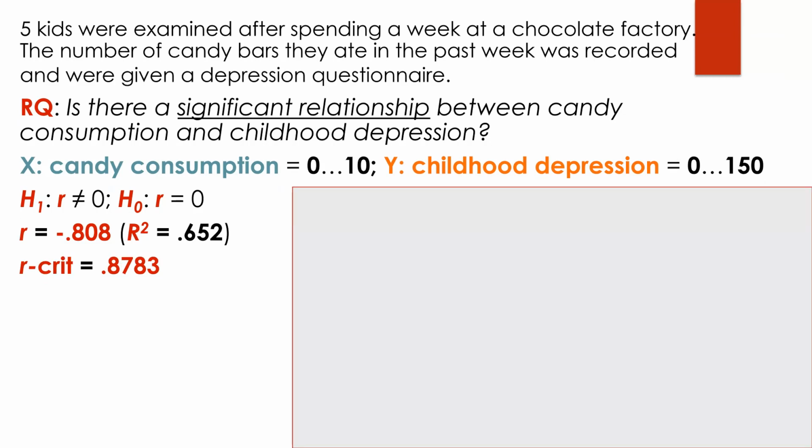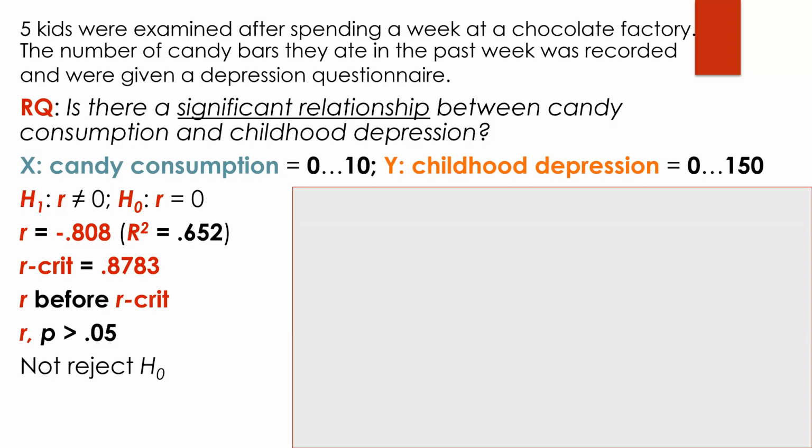So because it does not go past it, it is before the crit score, we know that it has a probability greater than 0.05. So assuming the null is true, assuming that there is no relationship between candy consumption and childhood depression, this was a likely finding for us to find. This is a likely sample for us to gain. So that's evidence in favor of the null.